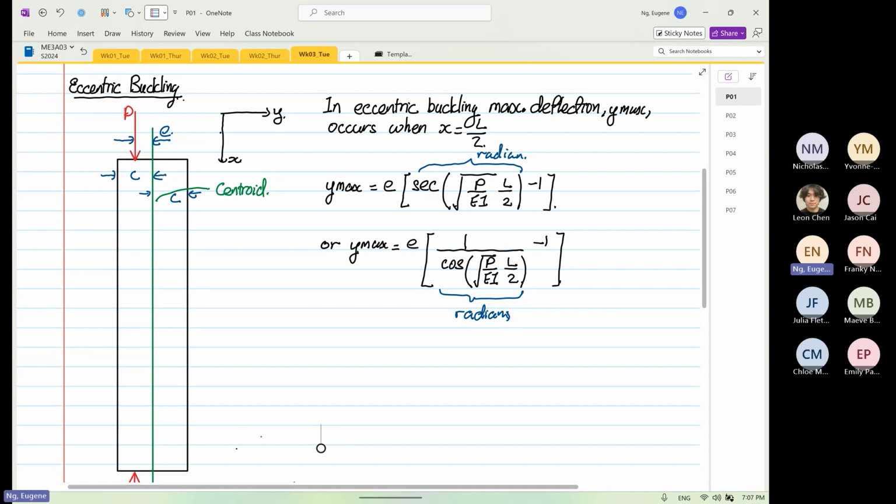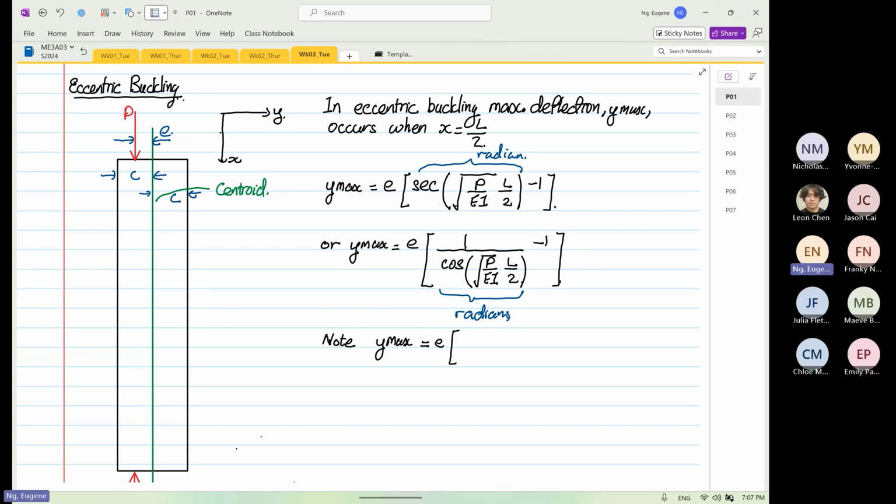Take note that in terms of critical stress, Y max can also be E, bracket, secant, and then we take the square root of P over P critical, pi squared over L squared, and then this whole thing multiplied by L over 2.